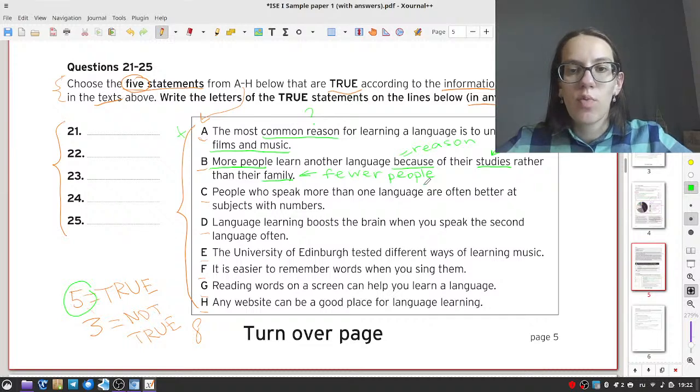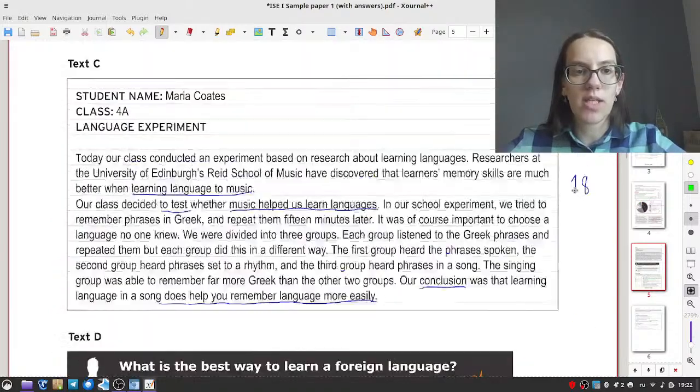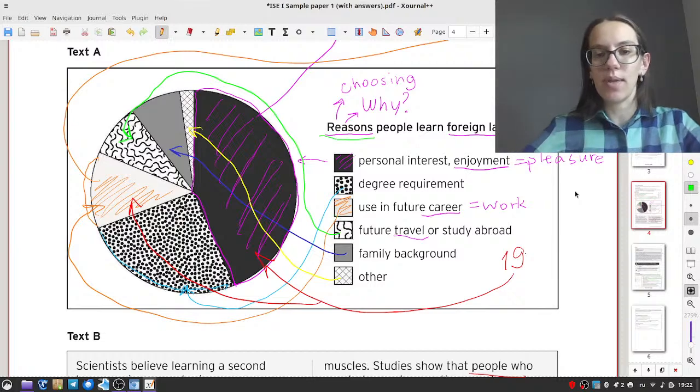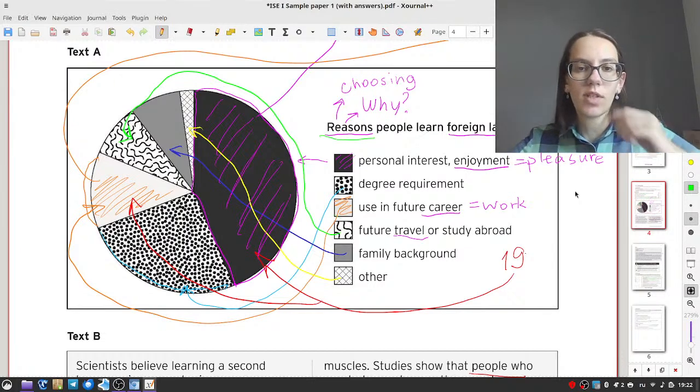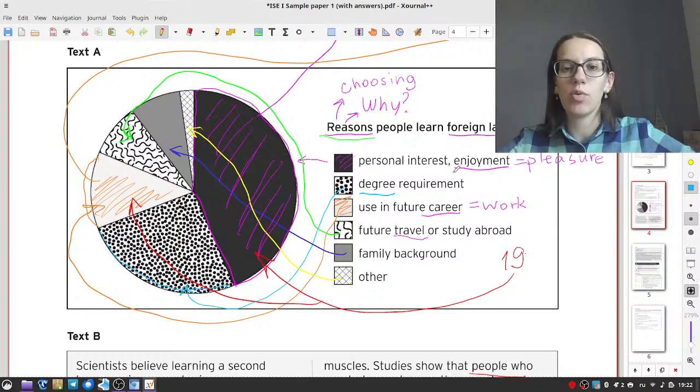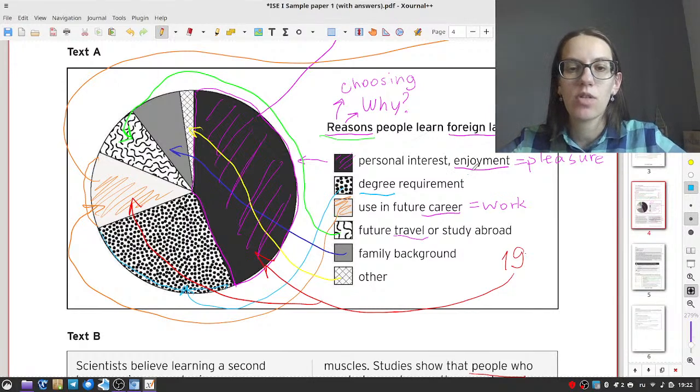So reasons. Where were the reasons? In text A, of course. So again, we need to look at text A and check this. Studies and family. So where are the studies? Well, studies are in fact the light blue part here, degree requirement. What is a degree? A degree is what you get when you go to university. You study maybe 3 or 4 years at university and you get a degree.